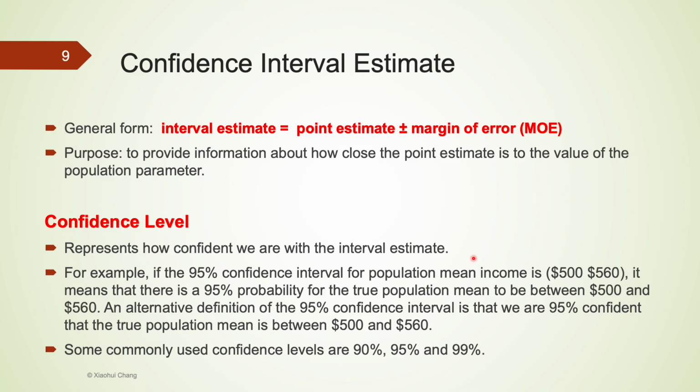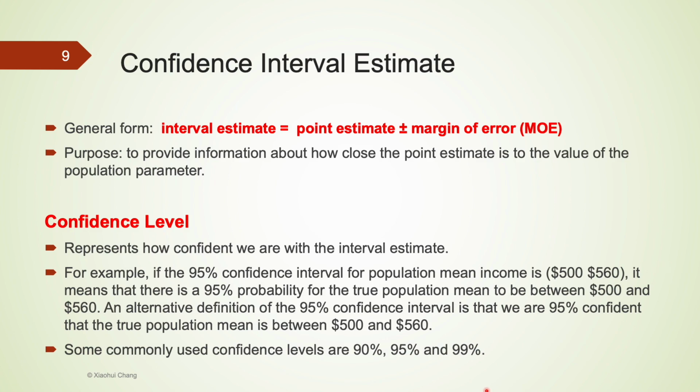The definition and interpretation of the confidence interval is the following. If the 95% confidence interval estimate for the population average salary is $500 and $560, it means that there is 95% probability for the true population mean to be between $500 and $560. An alternative definition of the 95% confidence interval is that we are 95% confident the true population average is between 500 and 560.